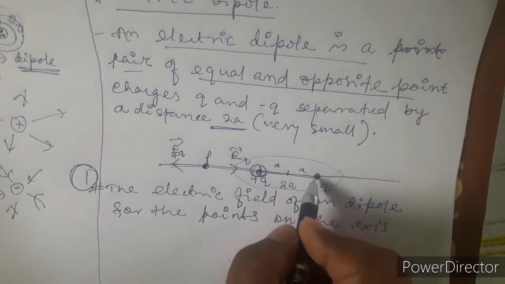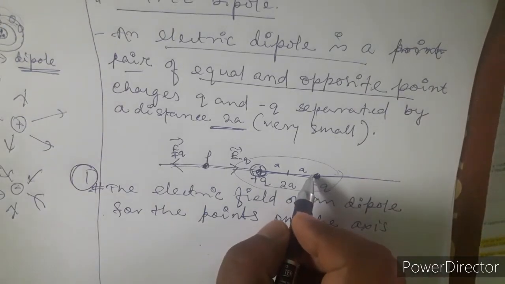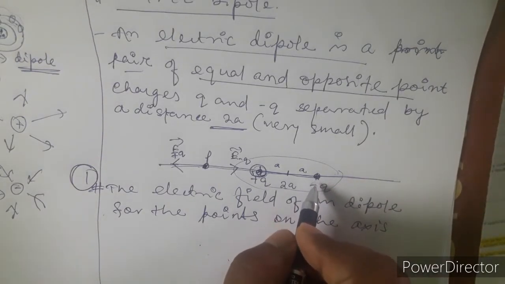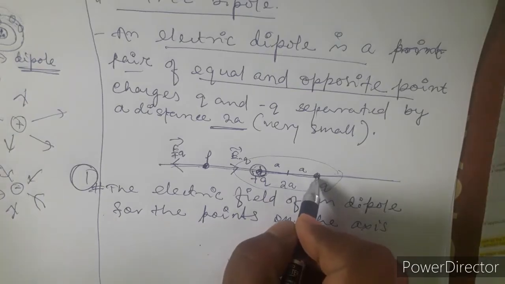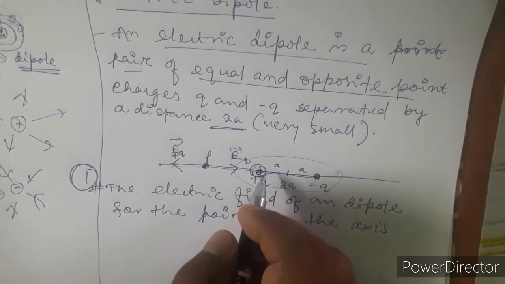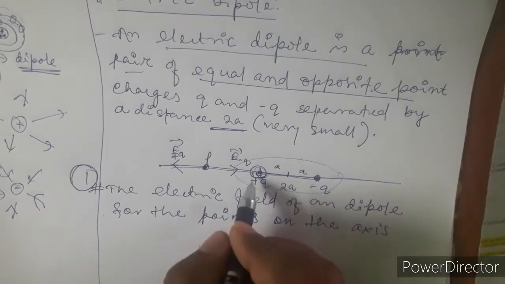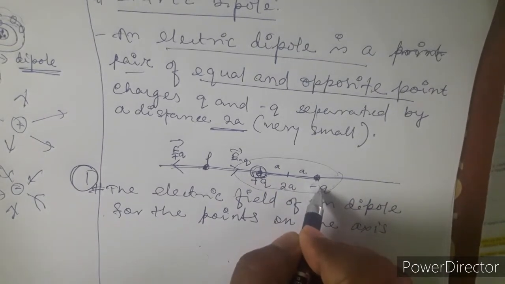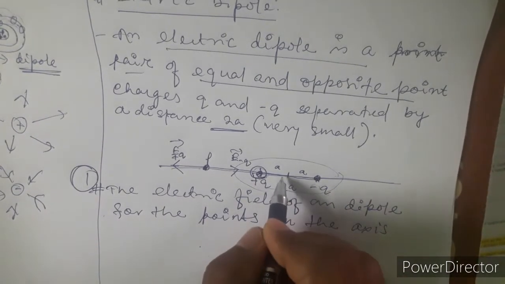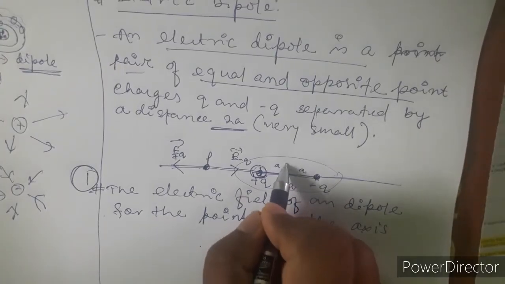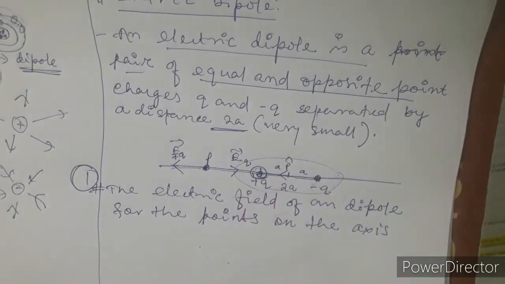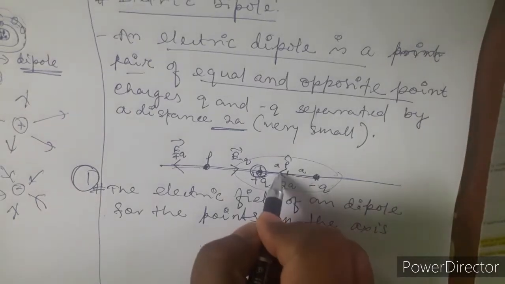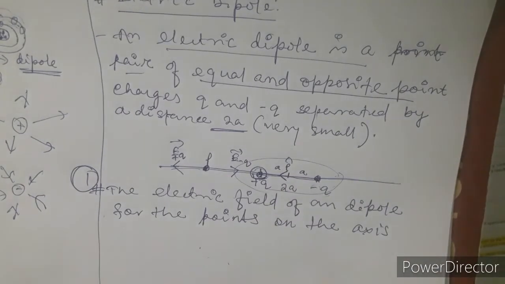One more thing: the direction of the dipole, by convention, is from negative to positive charge. Here one negative charge is there, here one positive charge is there. So the dipole direction, we represent the dipole with p cap, and it is from negative to positive. This is by convention.